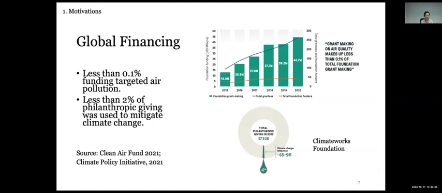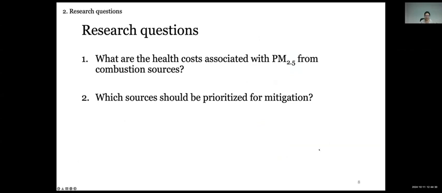Therefore, we have very limited resources to mitigate air pollution or greenhouse gas emissions. And this emphasizes even more that we need to figure out a way to maximize the benefits of air pollution and climate change mitigation. We also need to minimize the cost of implementing these policies.